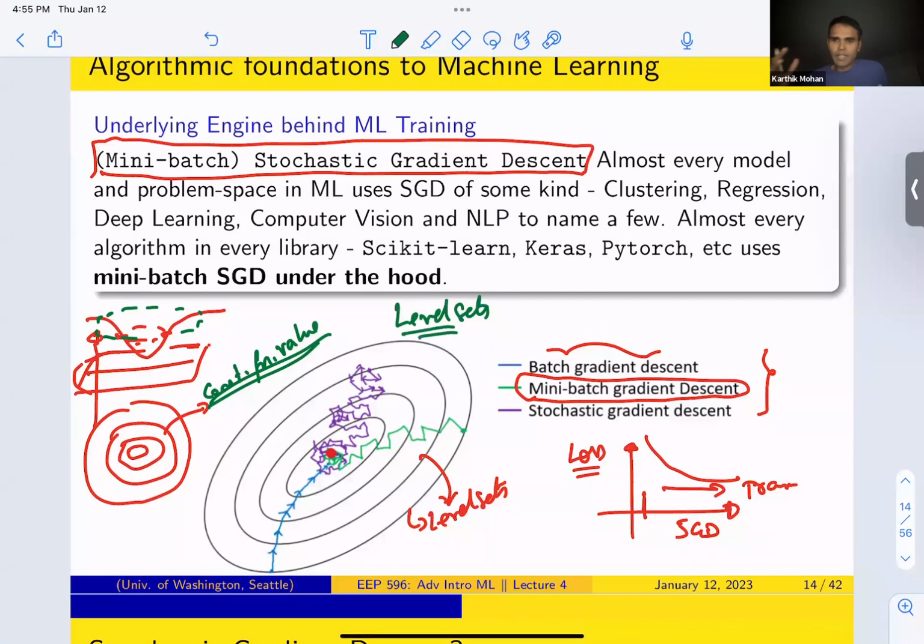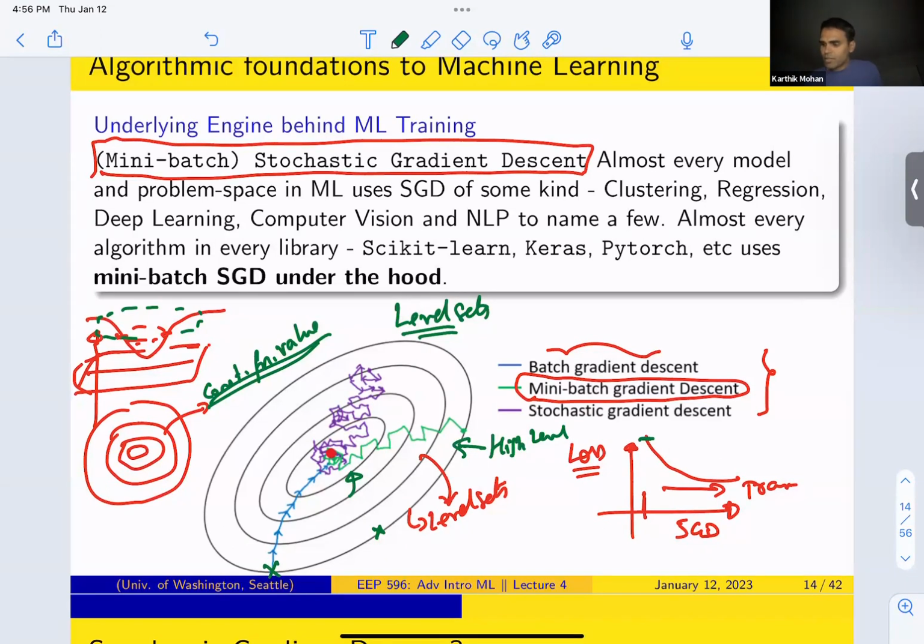Here you want to minimize the loss. You're starting with a high loss, so here I have a high loss. That means I have a higher level set. So I'm somewhere here, or somewhere here. That's where you start. Then hopefully you hit a level set that has a lower loss value, so you're progressing towards the lower loss.